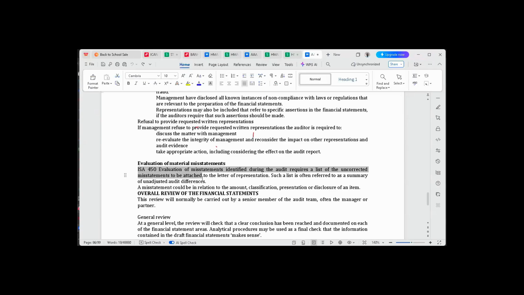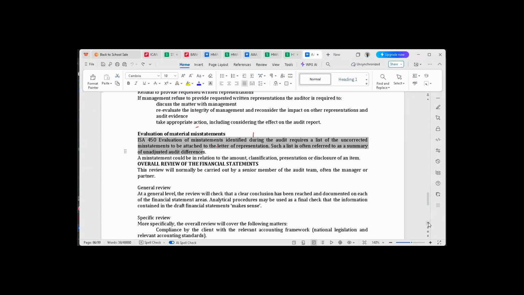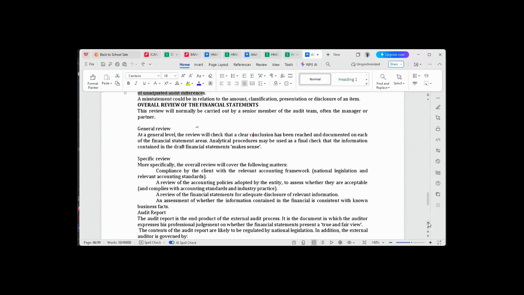Such a list is often referred to as a summary of unadjusted audit differences. A misstatement could be in relation to the amount, classification, presentation, or disclosure of an item. I hope we are together. So that's what we mean by that.